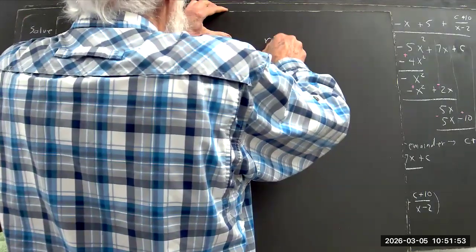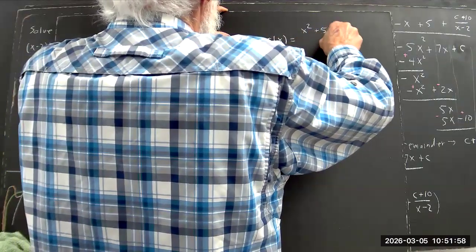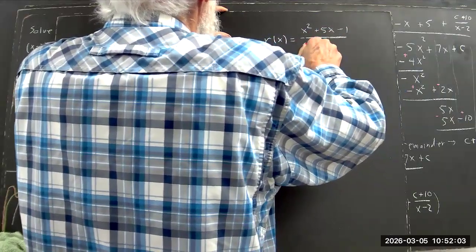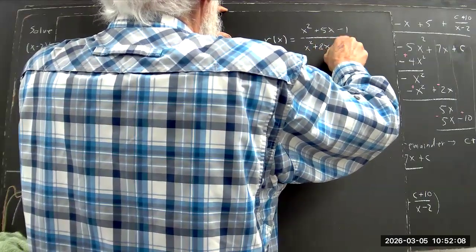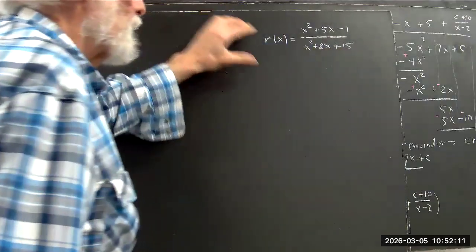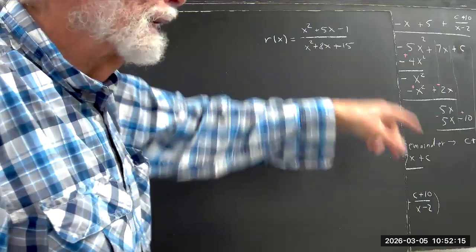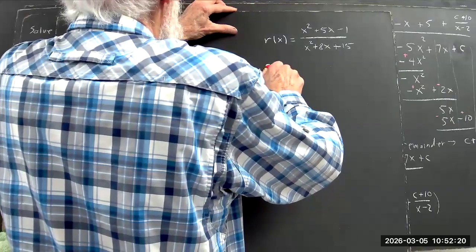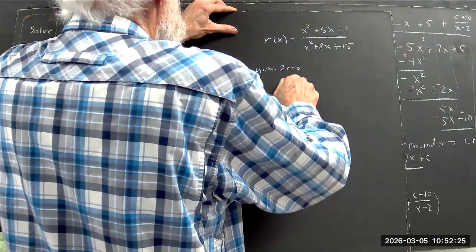But what if we had r of x equal x squared plus 5x minus 1 over x squared plus 8x minus 15? Numerator is 0.